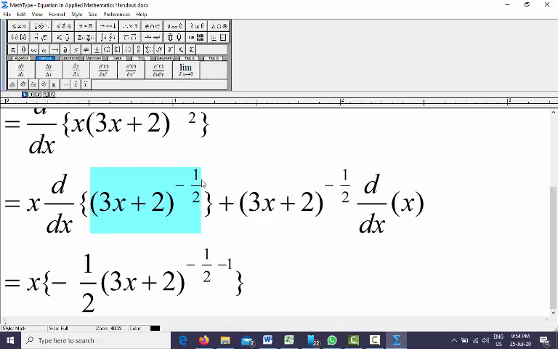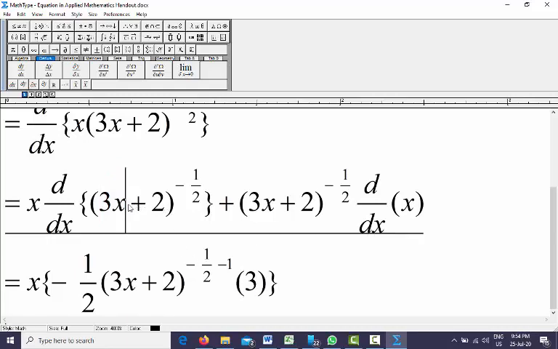So we have already done the differentiation of the power. Now we need to do differentiation of the inside material. Here we have two items. First 3x. If you do differentiation of 3x, we get 3, and if you do differentiation of the other one, you get 0.